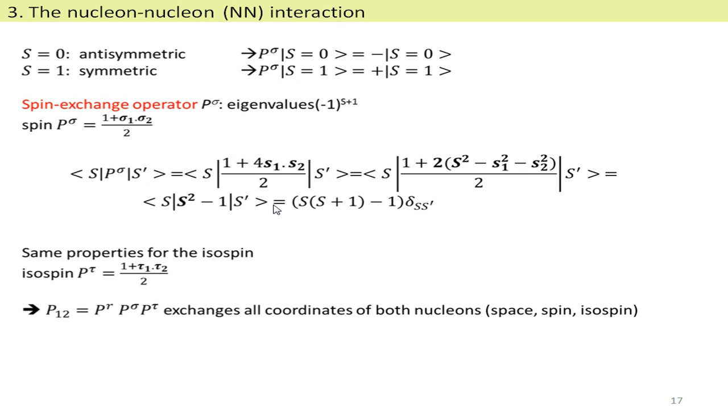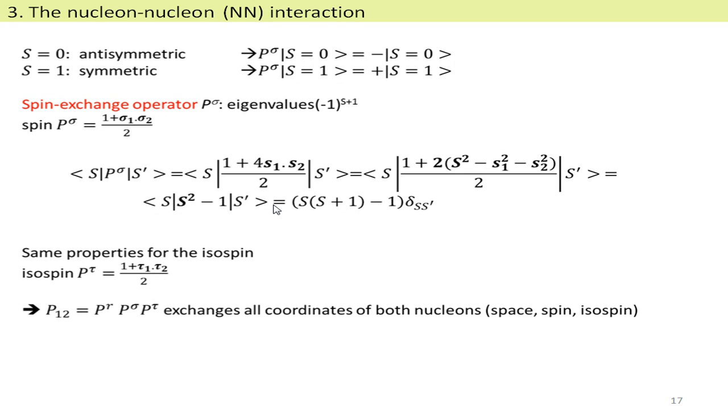These are called the Pauli matrices, and it's just 2 times S. So sigma 1 dot sigma 2 is 4 S1 dot S2. And then you express the scalar product S1, S2 from the total spin. So this is a standard trick in theoretical physics. The scalar product S1, S2 can be expressed from S square, S1 square, S2 square.